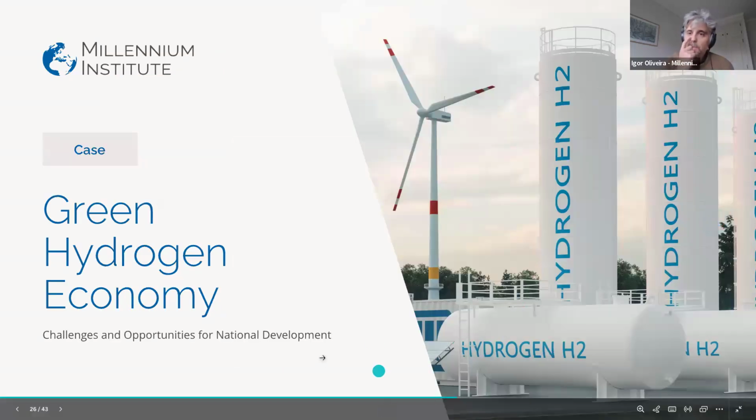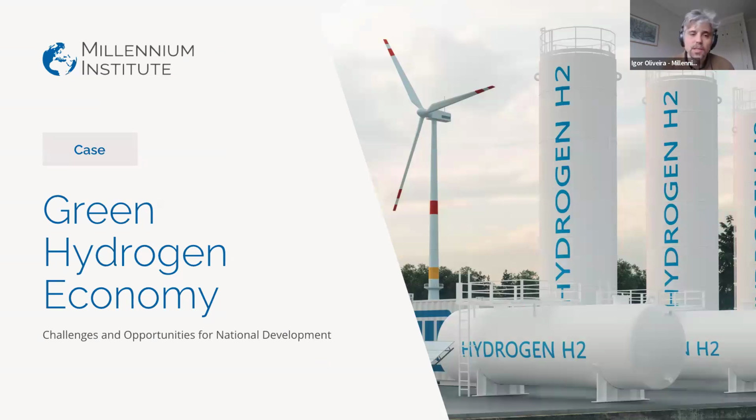So let's take a look more specifically at the Brazil application of the model in the context of green hydrogen. In this project, we did national models for Brazil, South Africa, and Namibia.